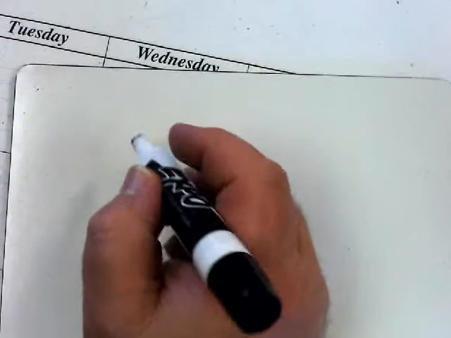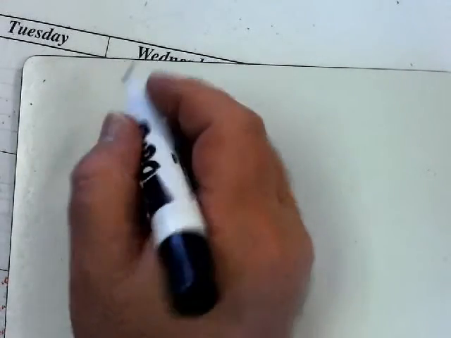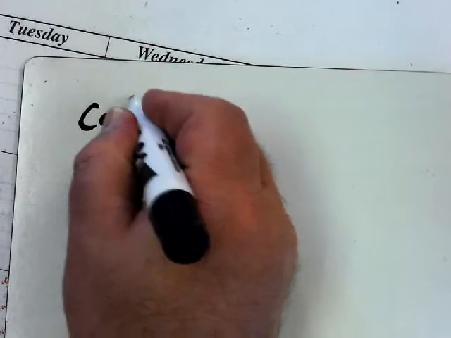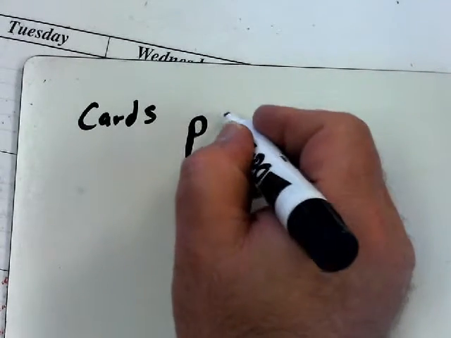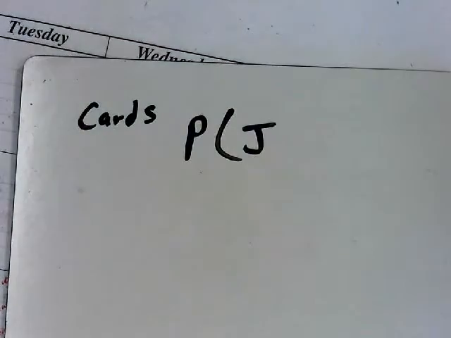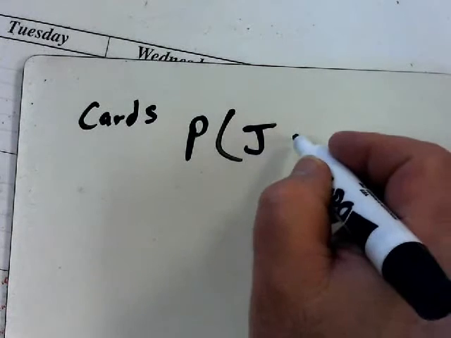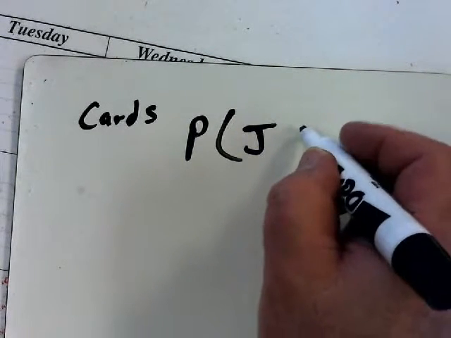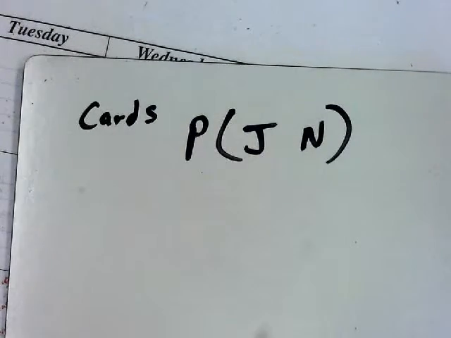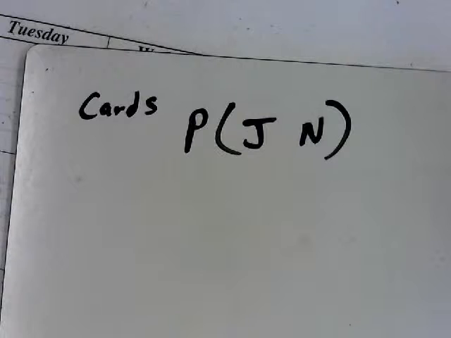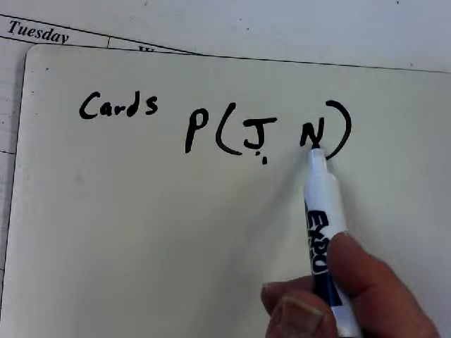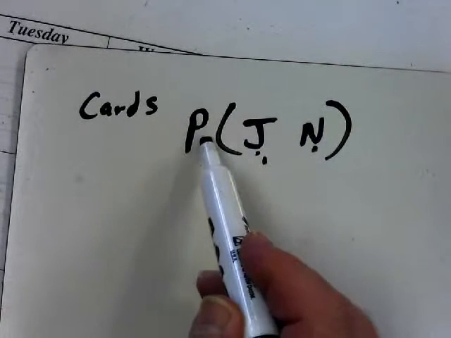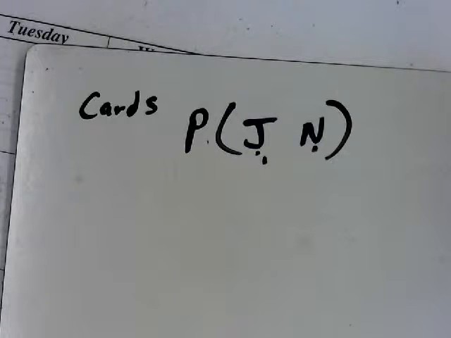Such as, mutually exclusive would be if I wanted to draw in a deck of cards, I wanted to find the probability of drawing a jack followed by a number card. Those are mutually exclusive, aren't they? Because the jack is completely different from a number card. Okay?